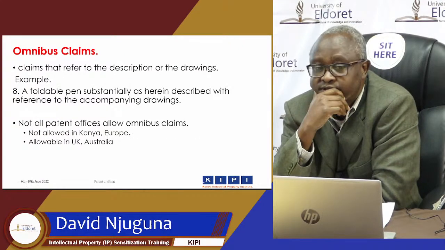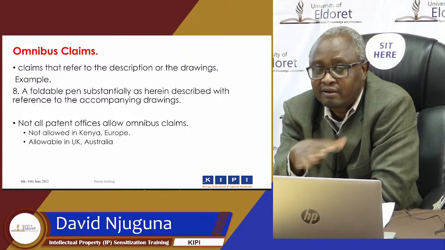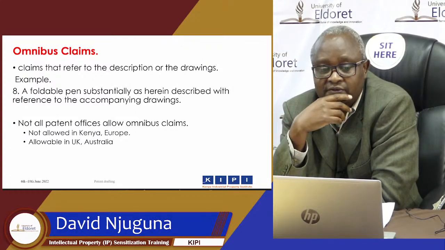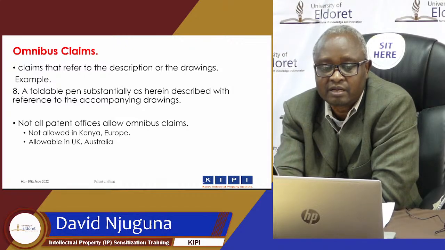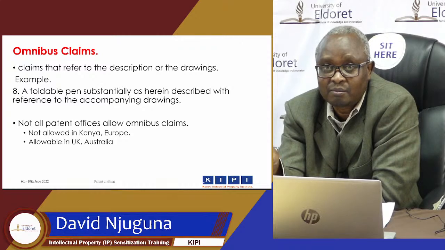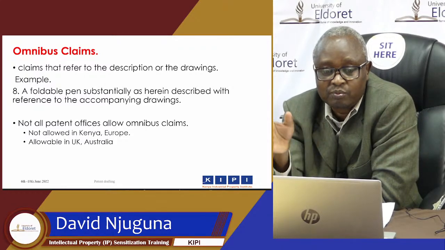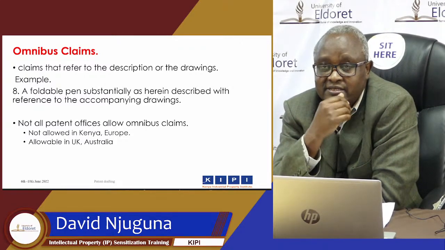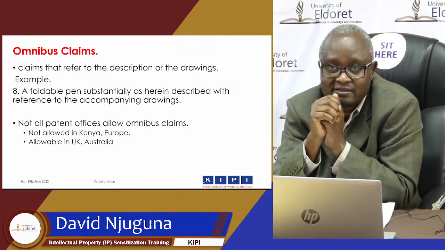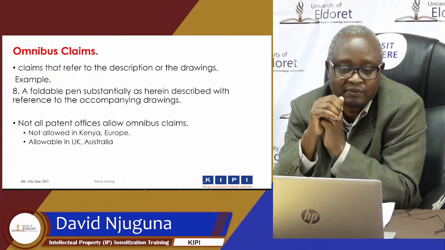Omnibus claims are not allowed in Kenya, where you are making reference to the drawings. For example, a foldable pen substantially as here described with reference to the accompanying drawings. In Kenya, they are forbidden by law. You describe what the product is, not by reference to the drawings. It's like you're claiming the drawing.